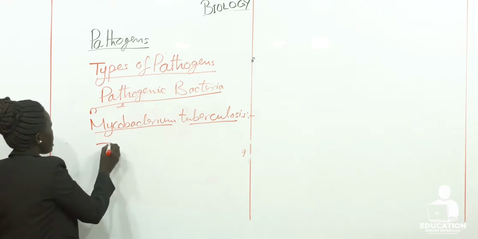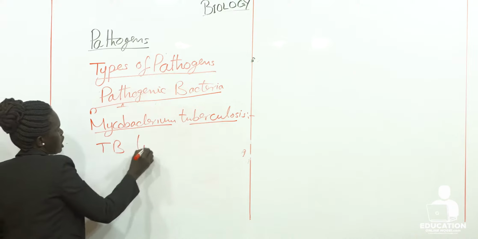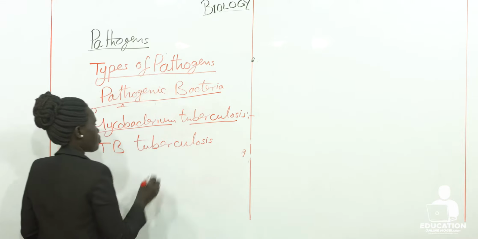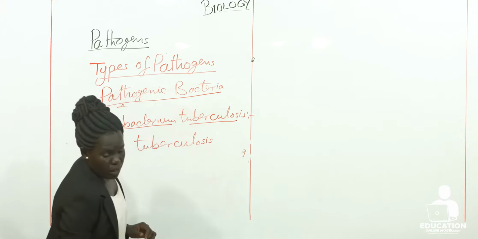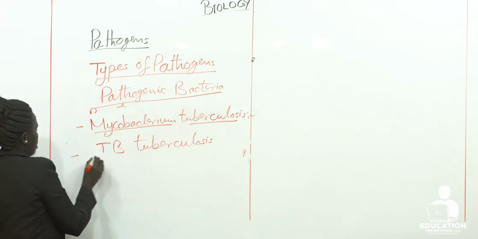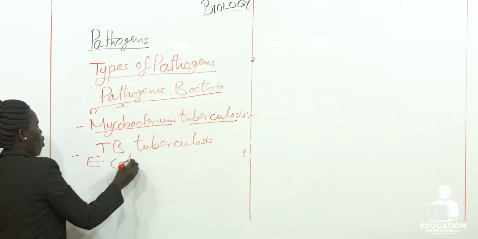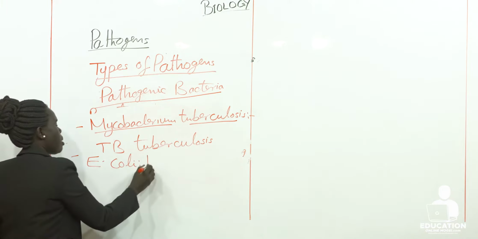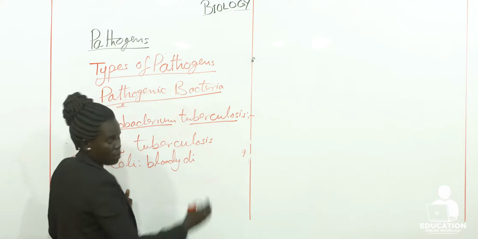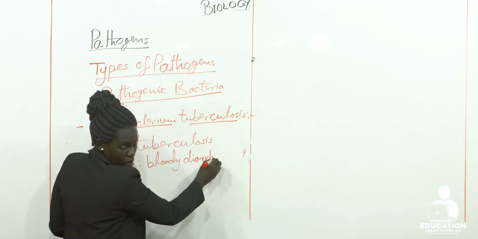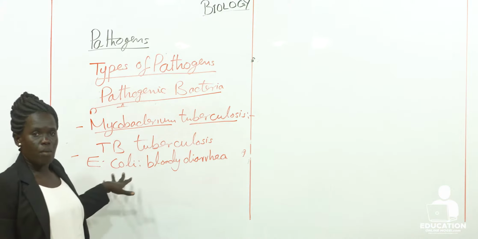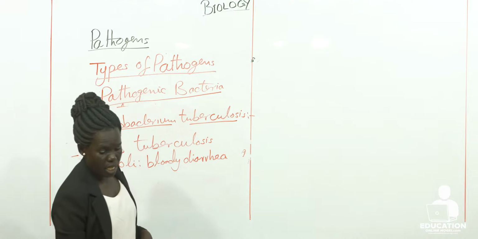We normally call it TB, which is tuberculosis. And another one is E. coli. This one causes bloody diarrhea. This is the type of bacteria that causes bloody diarrhea.